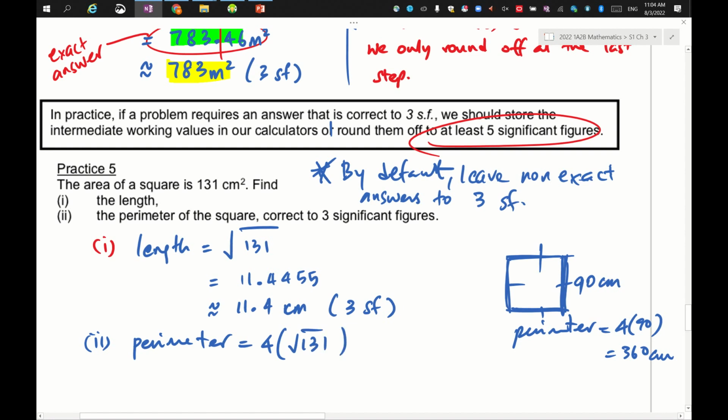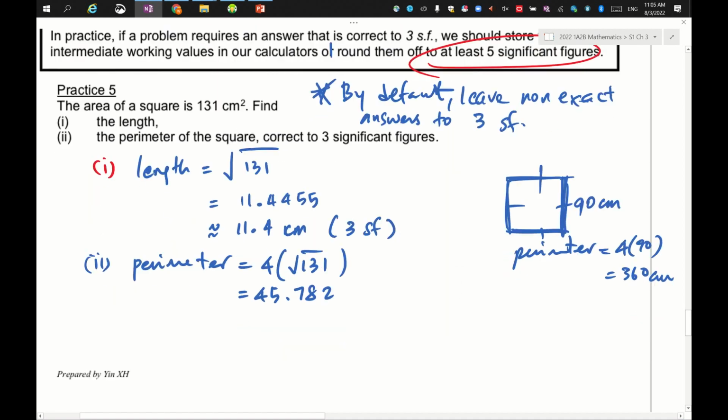No rounding off, right? Then you let your calculator do the work. 4 times square root 131. You get 45.782. This is in 5 SF, but the question wanted it in 3 SF, so you round off to become 45.8 cm.